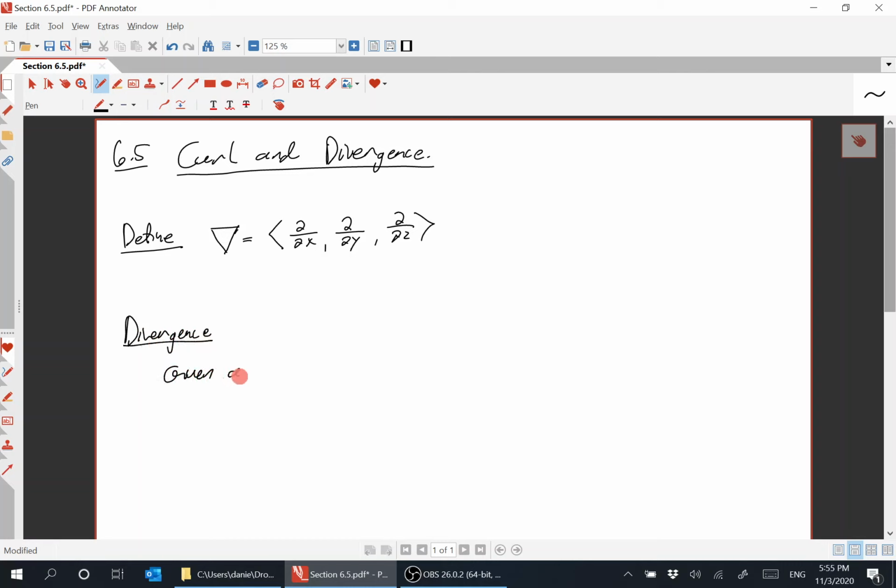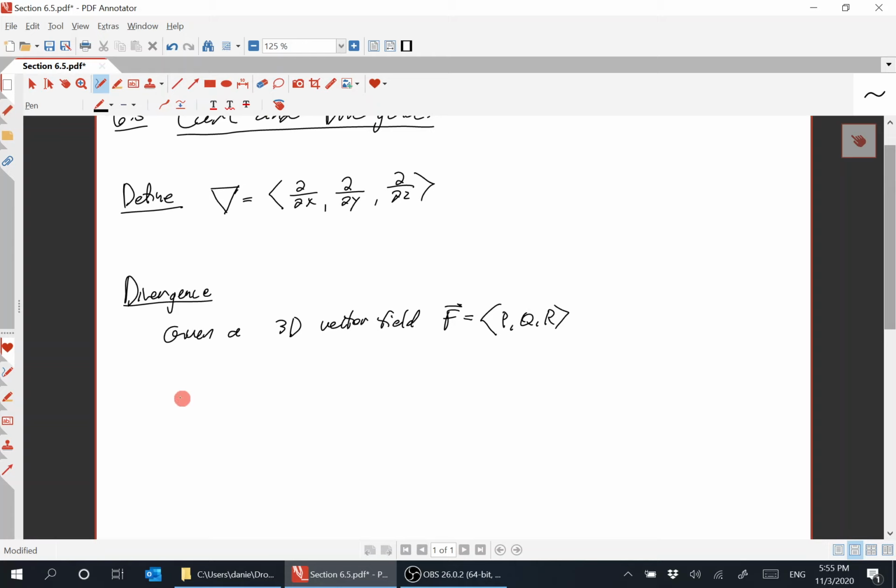Given a 3D vector field F equal to P, Q, R, like that. So only for three-dimensional vector fields. The divergence of the vector field F is equal to the gradient operator dot F.